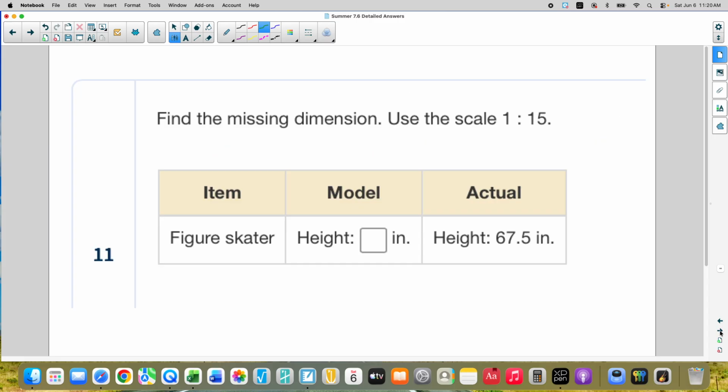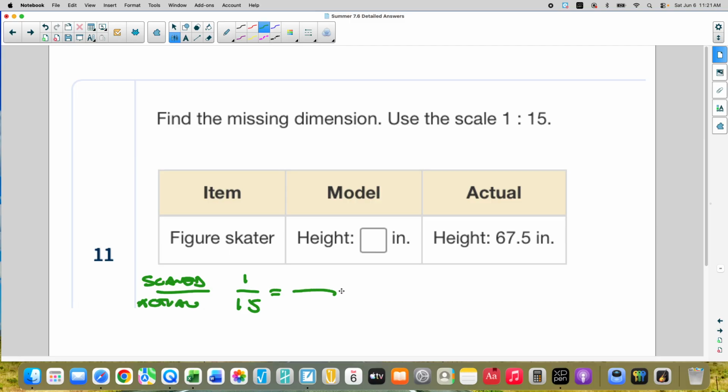Find the missing dimension, use the scale. So the figure skater scale is 1 to 15. So the model and the actual, 1 to 15. This is the model, or what we call scaled. I like scaled. This is the scaled value. This is the actual value.